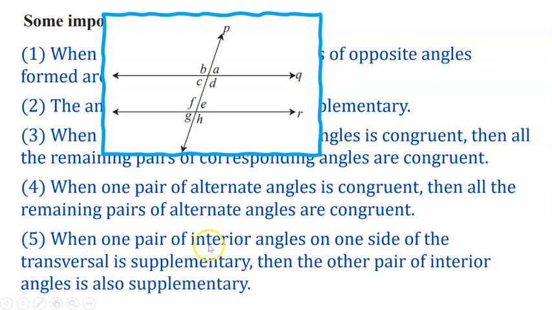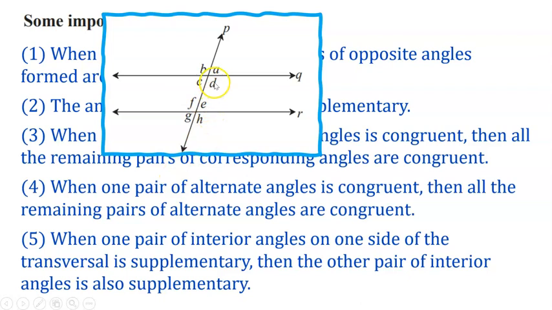When one pair of interior angles on one side of the transversal is supplementary, then the other pair of interior angles is also supplementary. Now see this figure. Line Q and line R are the parallel lines. P is their transversal. What about the interior angles?